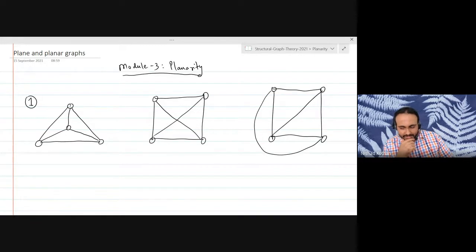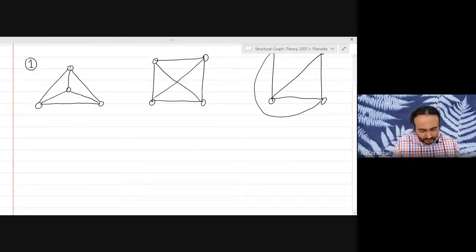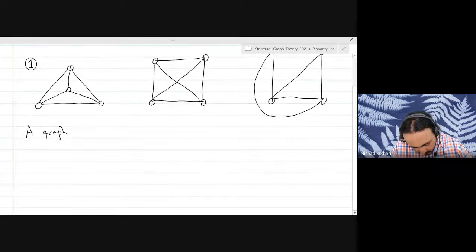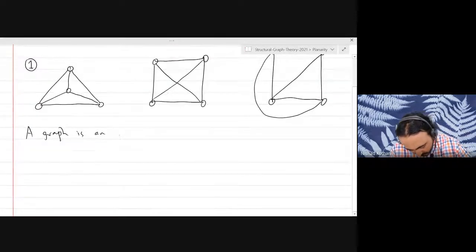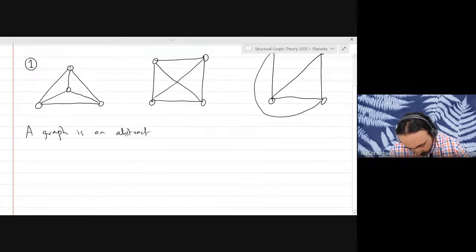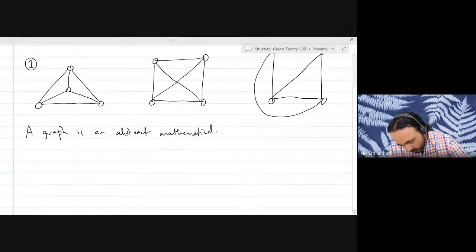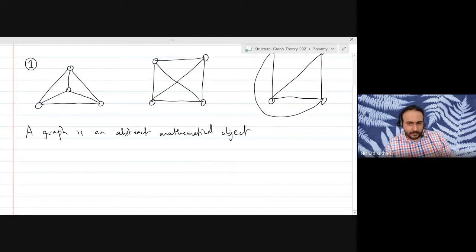So in that sense, a graph, as we have been discussing so far, is an abstract mathematical object that may have many different representations. So it may have different types of representations.